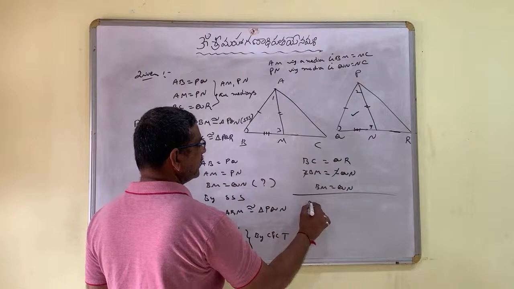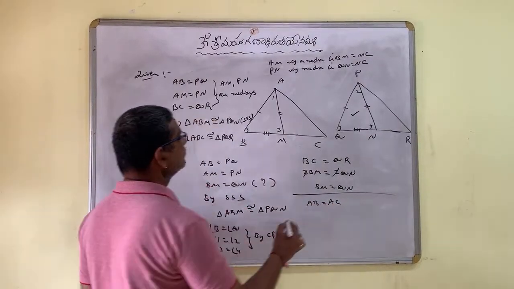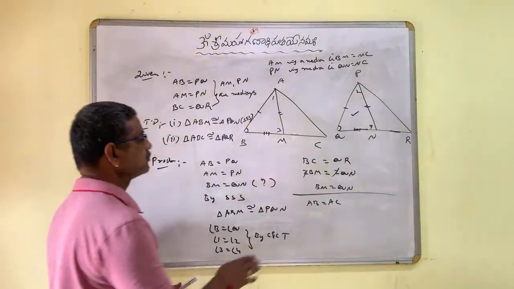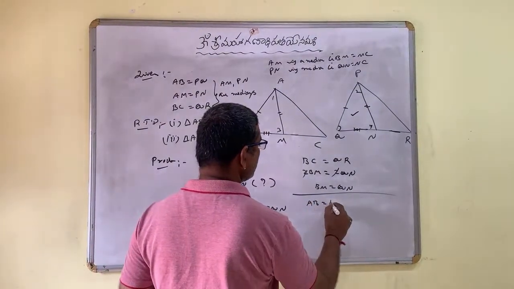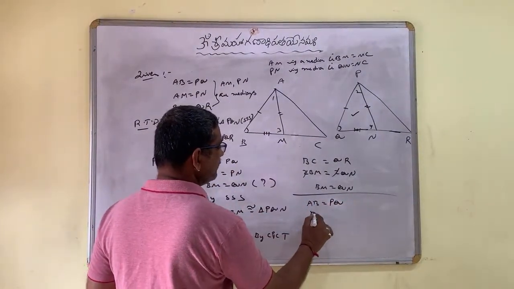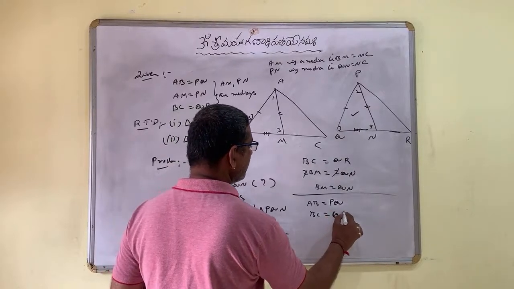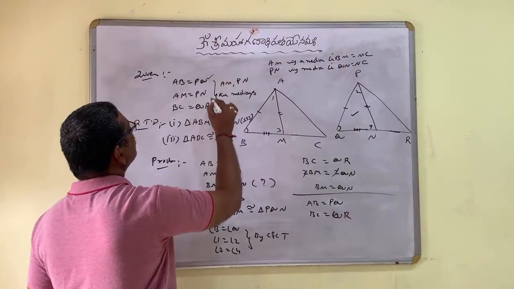Children, see, given AB is equal to PQ, and BC is equal to QR, that is also given.